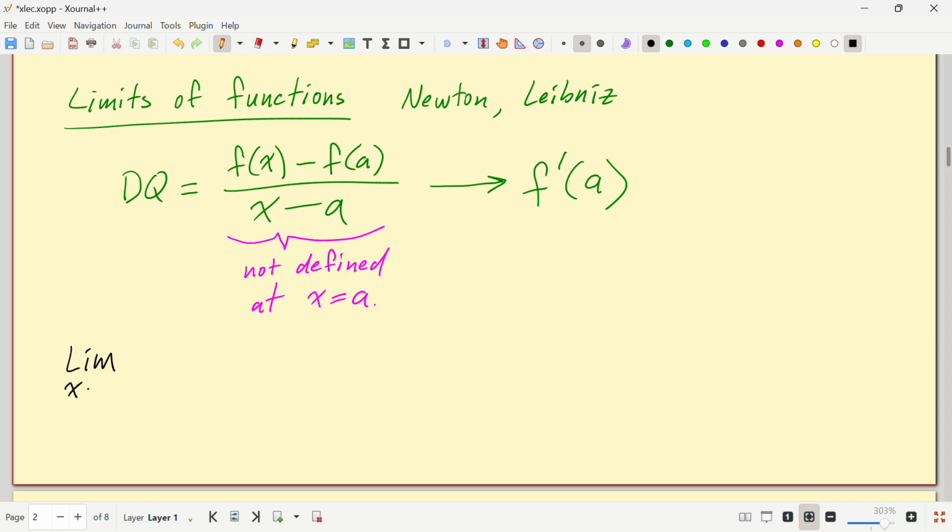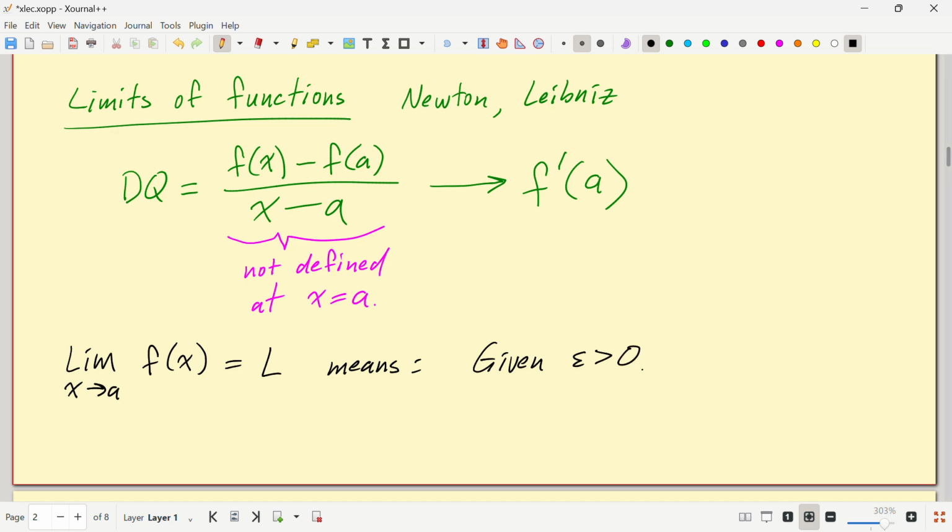the definition of the limit as x tends to a of f of x equals L means: think of epsilon as an error or a tolerance.